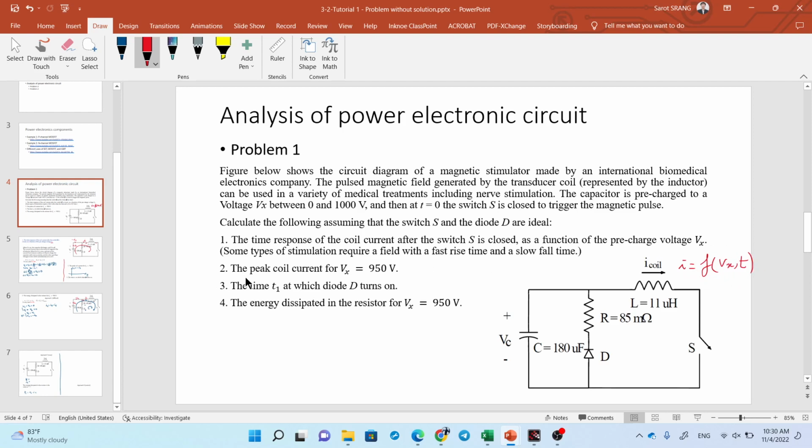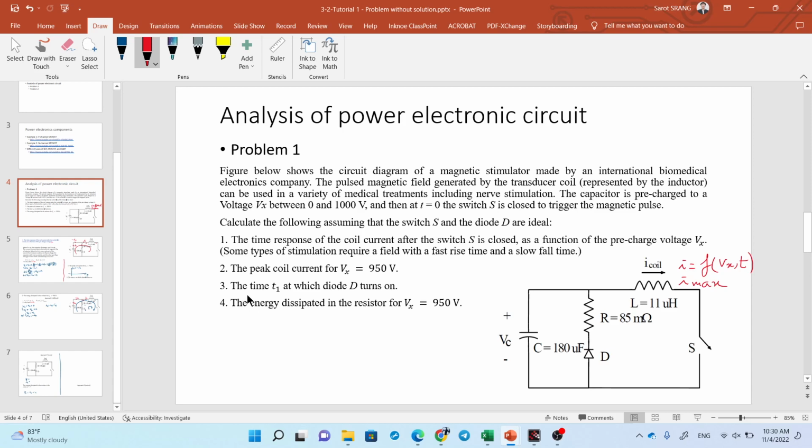And second question, you are asked to calculate the peak coil current if VH equals this. So you find I max. First you have I as a function of time, and then it's easy to find the maximum, right?